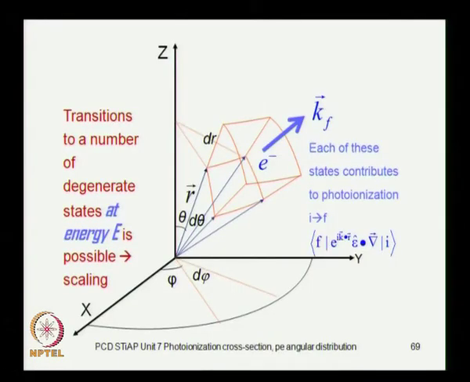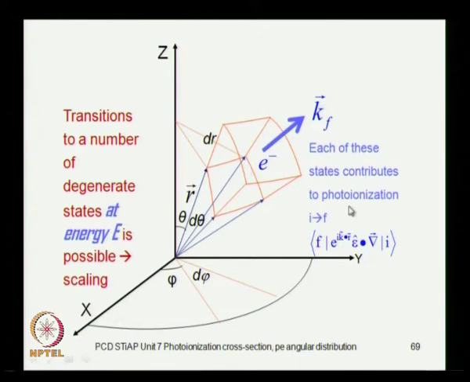Now this is the process that we have considered. We have the photoelectron which is ejected along this wave vector kf, but then remember that in this direction there may be other energy states which are degenerate with the energy at which the transition is taking place, and therefore this is not a unique transition.